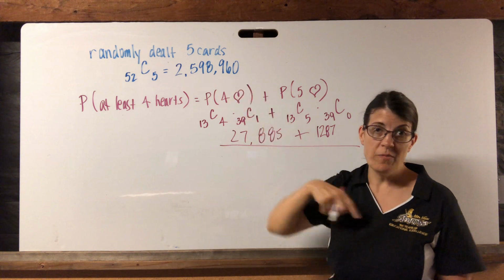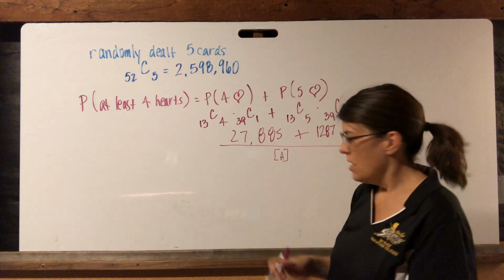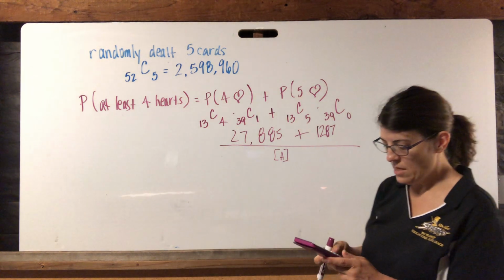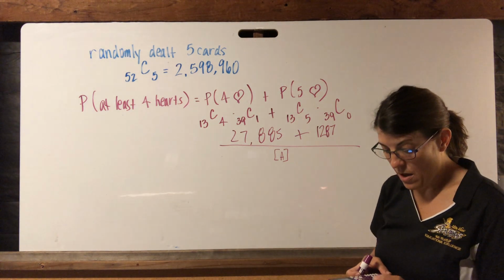I'm not going to write it. I stored it in A. So 27,885 plus 1,287 divided by alpha A.